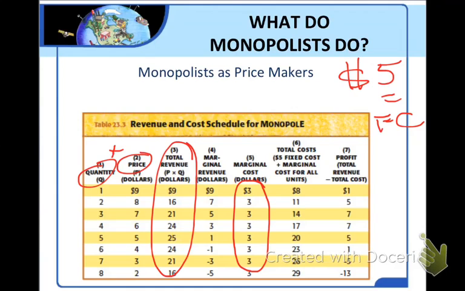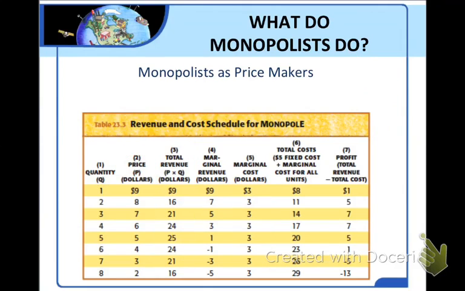For example, if 3 units are produced and sold at a price of $7, the total revenue received by Monopoly would be $21.